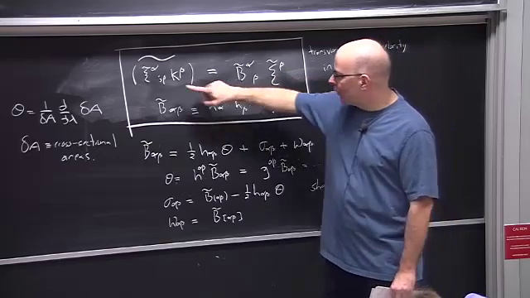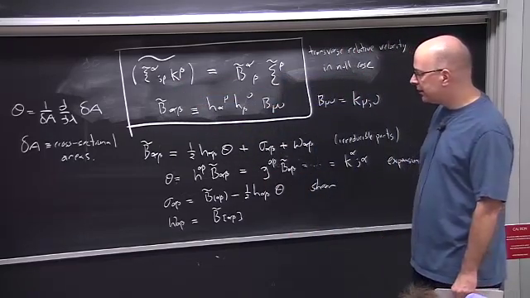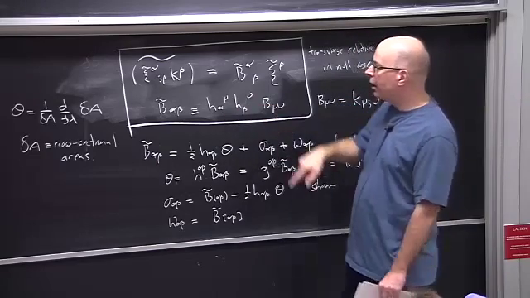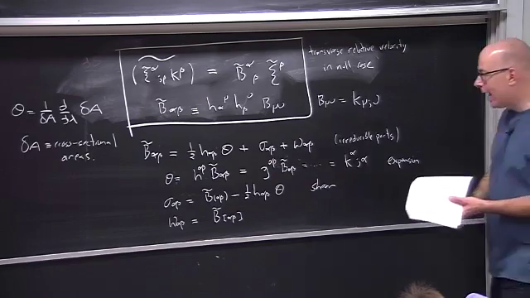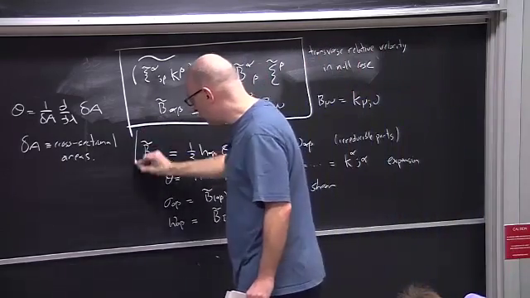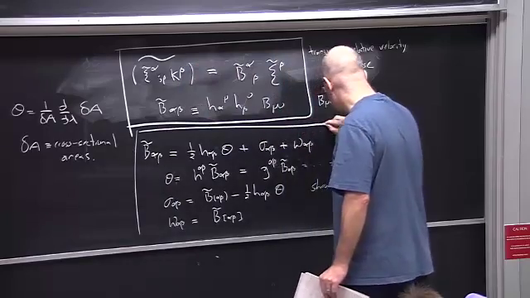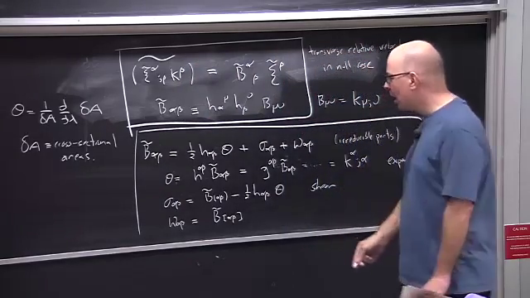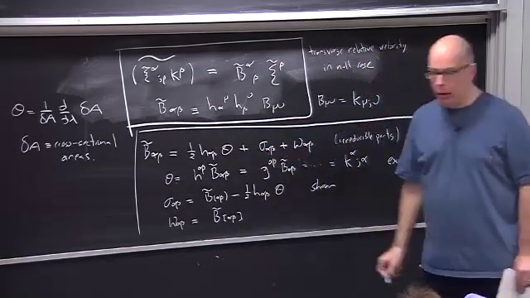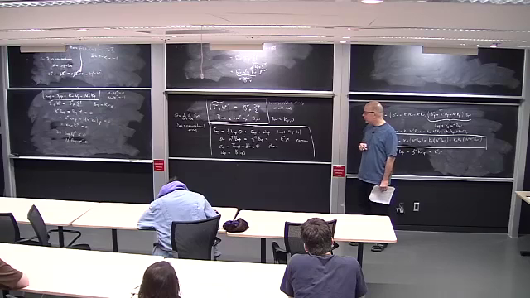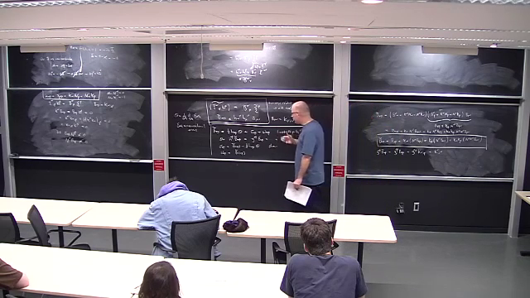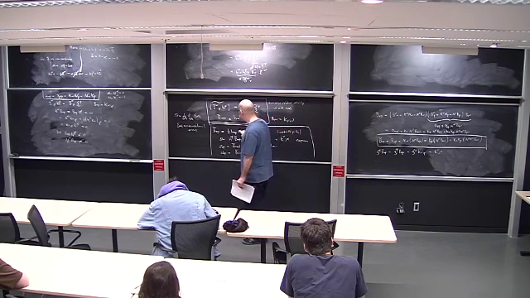And then we have our decomposition of the B tilde into irreducible parts. And each of these things here are characterizations of what's happening to the congruence. It tells us how it's propagating and what the congruence is doing as a result of its flow. And for example, if theta turns out to be positive, we know that the congruence is going to be diverging. If theta is negative, it's going to be converging. The fractional rate of change of the cross-sectional areas is measured by theta.